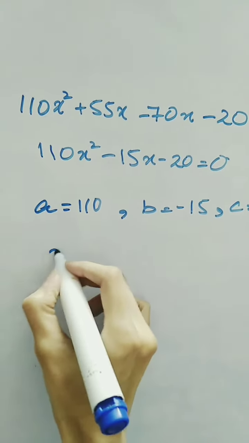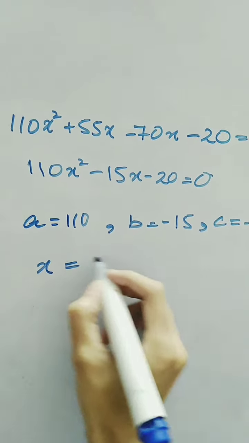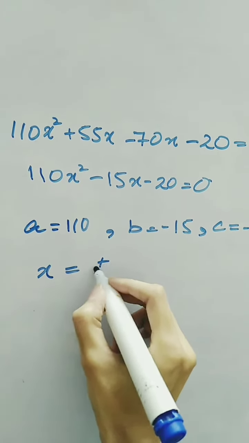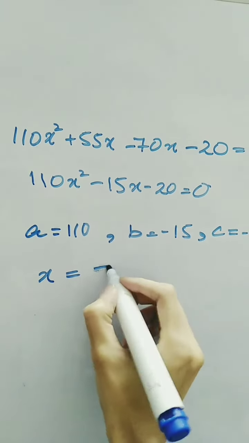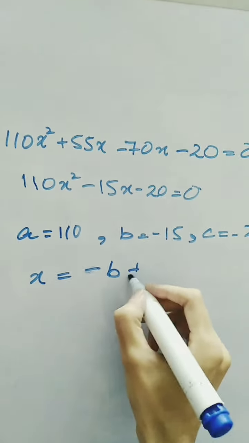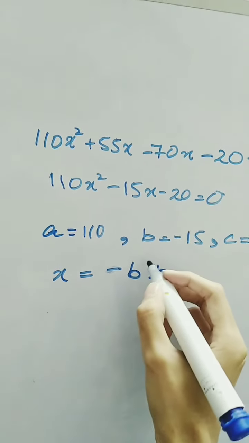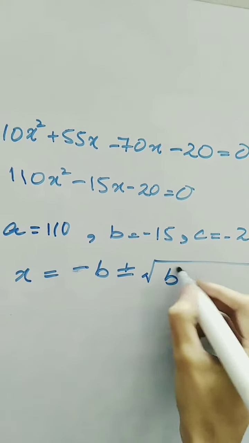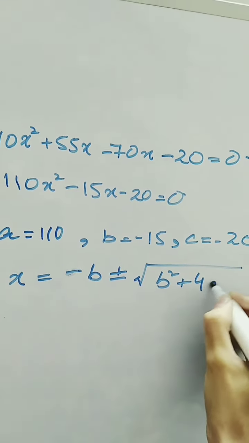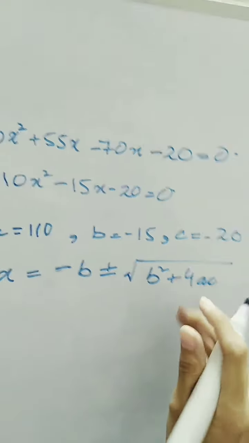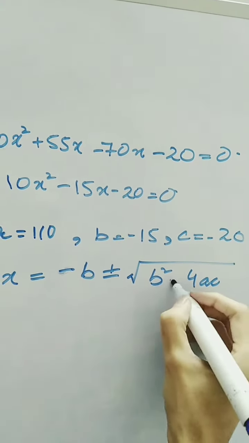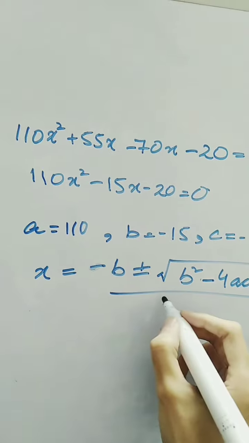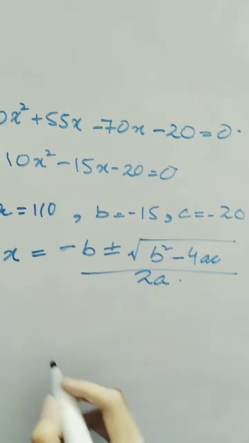We know the formula for quadratic, which is x is equal to minus b plus minus square root of b² minus 4ac, divided by 2a.